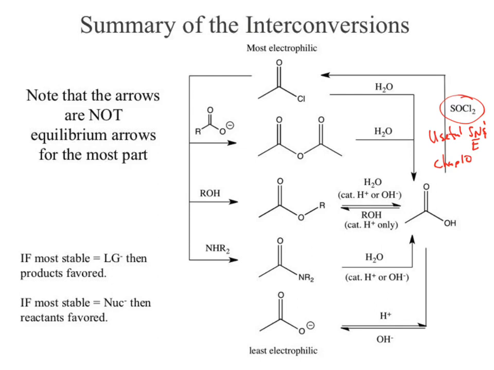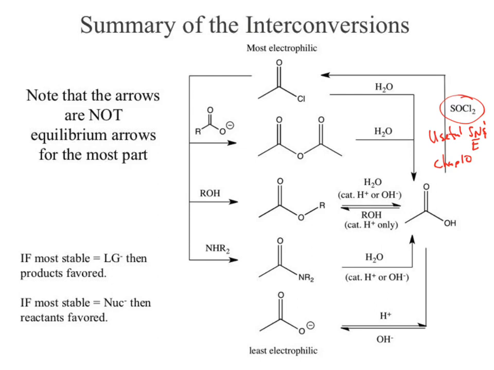Because if we compare the carboxylic acid to the acyl chloride, what does it appear has happened? A substitution. It was brought in as a substitution because we were trying to convert our alcohol functional group into a different functional group. We didn't intentionally focus too much on how that happened.